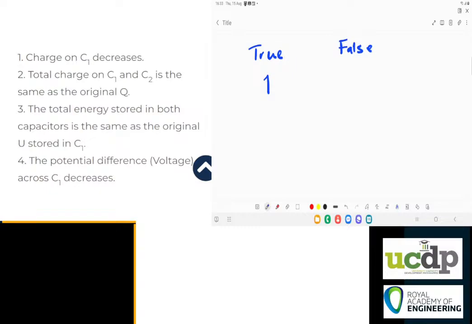And for the fact that it decreases, I don't know how to explain that. Okay, so you're saying the charge on C1 would decrease because it's a parallel connection. When the current flows to charge the other capacitor, the charge on it is different and hence would decrease to charge capacitor C2.